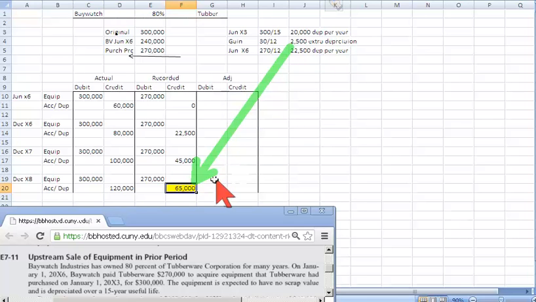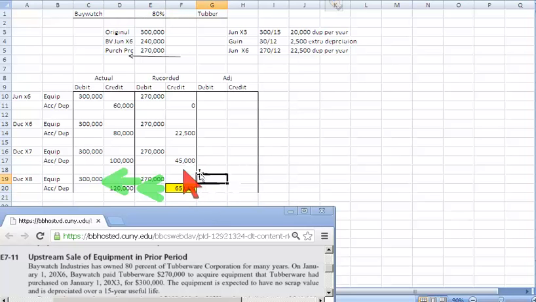Now let's do our adjustments. And the adjustments, remember, we want to go from here to here for both, for the building and for the accumulated depreciation.